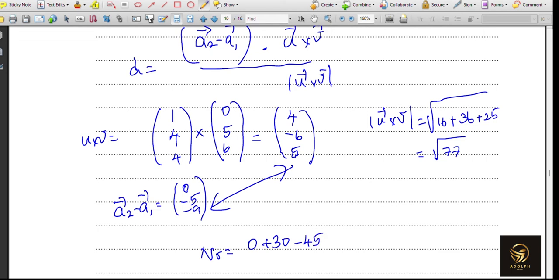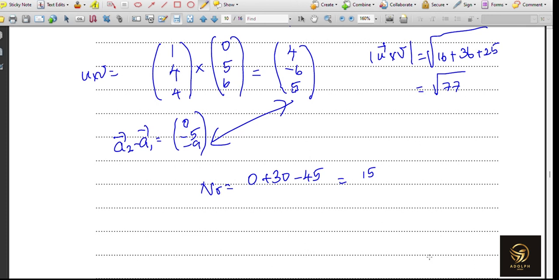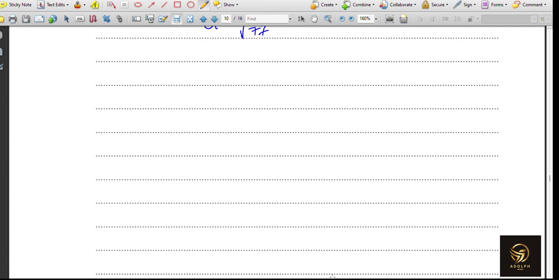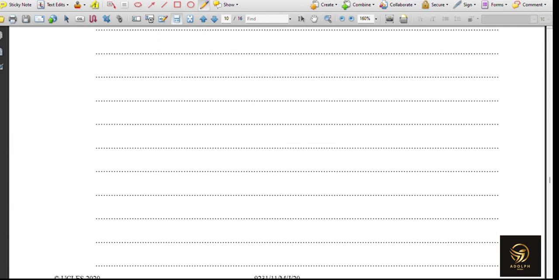This is the value I'm getting, and the numerator should be positive, or you can even use the modulus in the formula, because the distance cannot be negative. If I do this step, I'm getting the numerator value as 15. Then the distance is 15 divided by root of 77. So that is the shortest distance. We'll go to the next subdivision.